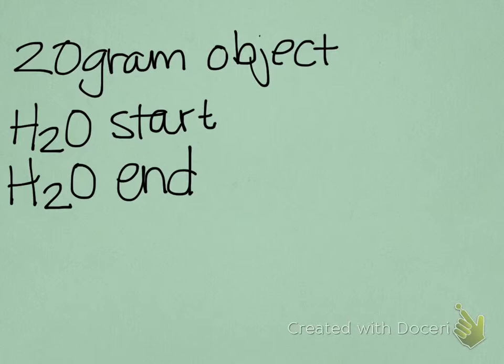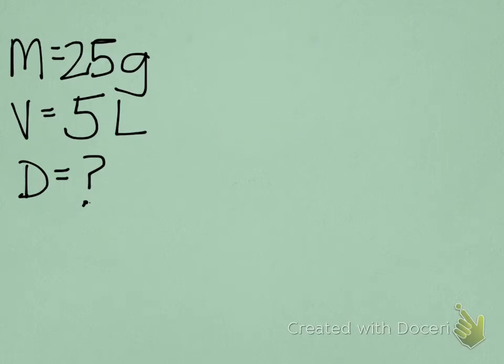All right, so a few practice problems here. Skip that. That was for the last one. All right, so practice problems. Let's say you're given in a problem that the mass of the object is 25 grams and the volume is 5 liters. What is the density? First thing I always do is write out the equation.